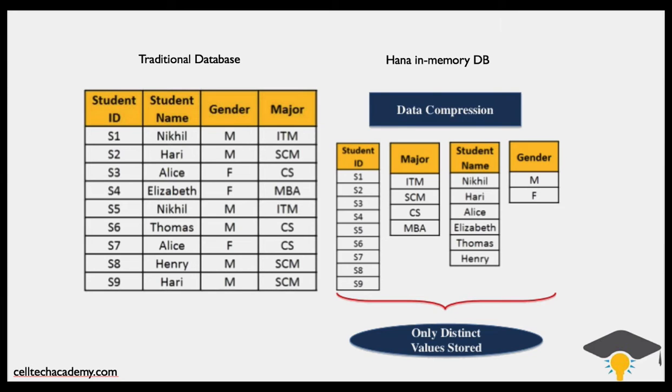Typically what happens is, let's say your organization has 10 terabytes of data, and you plan to migrate that to HANA. When you migrate, your 10 terabytes of data becomes 1 terabyte. So it's 10:1 compression.